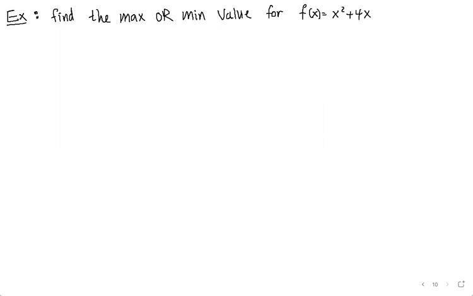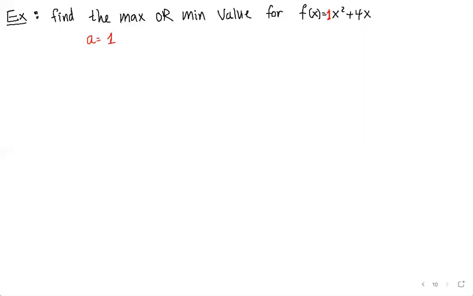You don't have to make the standard form. Just check what is A. What is A here? 1. This is my A. The coefficient of x squared is 1.